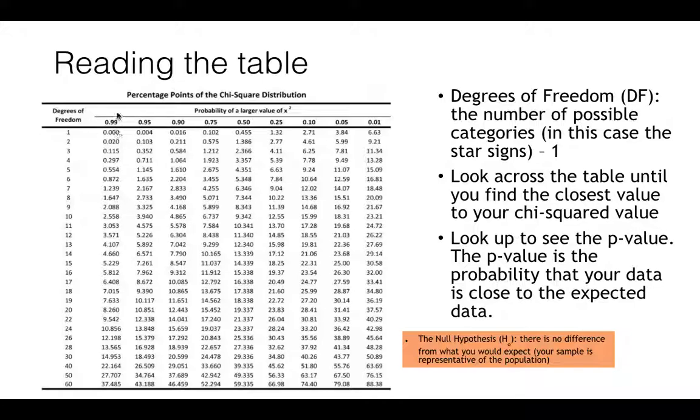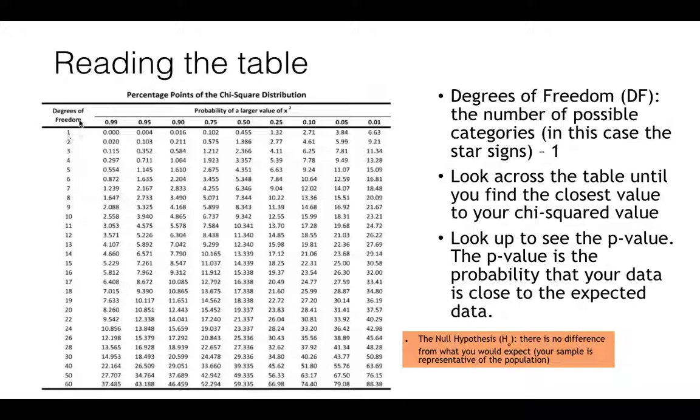So when you read the table, and we'll talk about how you do that in a minute, if you get a value of 0.99, there is a very, very high probability, a 99% probability, that any differences in your data are purely due to chance, that there's no actual difference between your sample and the population.